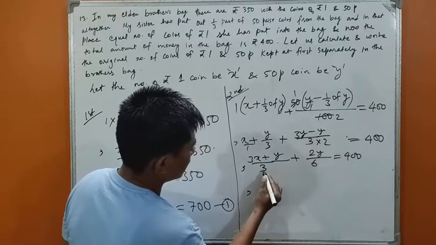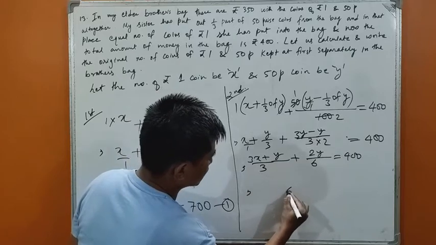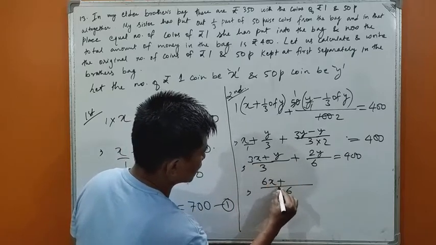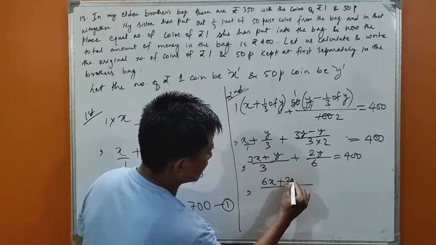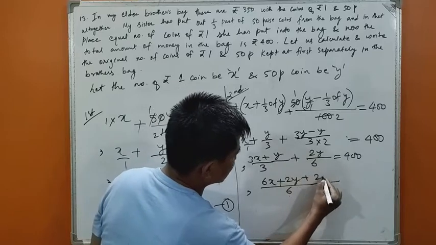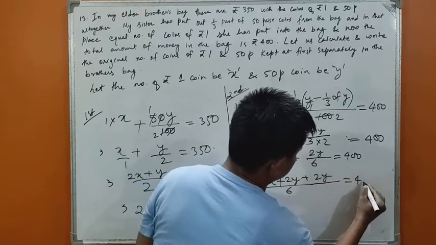Now we have 3 and 6, so LCM is 6. 2 into 3 is 6x plus 3 into 2 is 6, 2 into y is 2y plus 6 into 1 is 6, equals to 400.